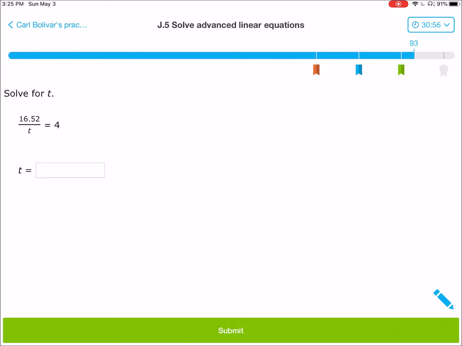Please pause the video and try to solve this problem. Okay, you solved it. So 16.52 over t is equal to 4. Now we're going to try to isolate this t over here, right?